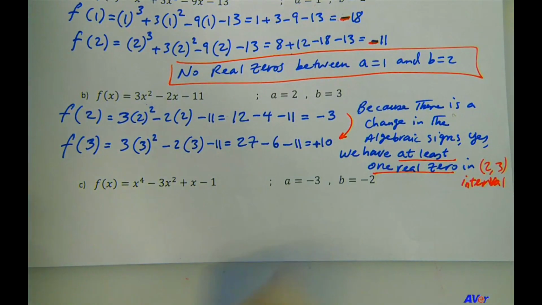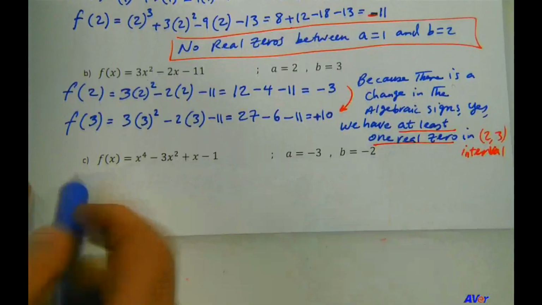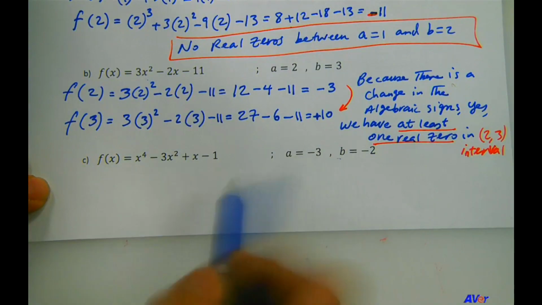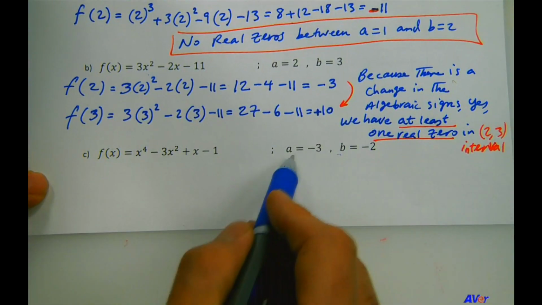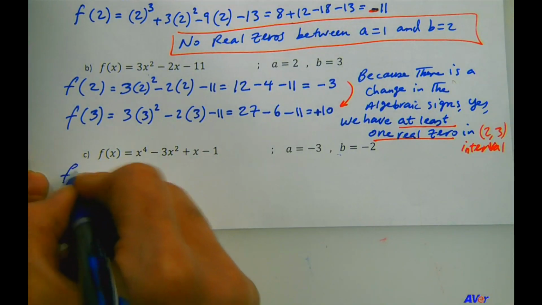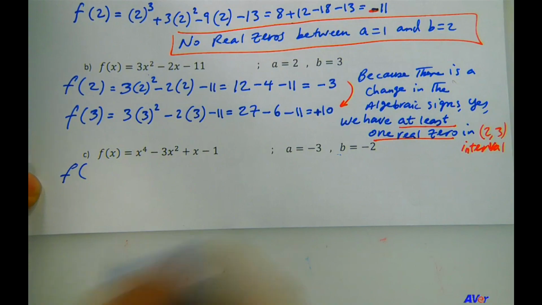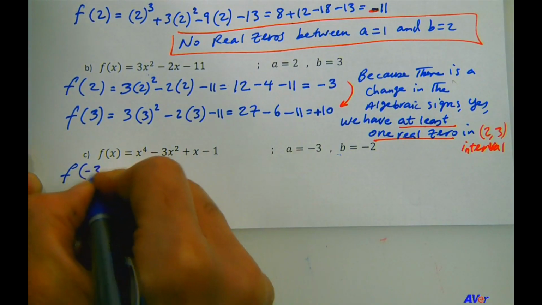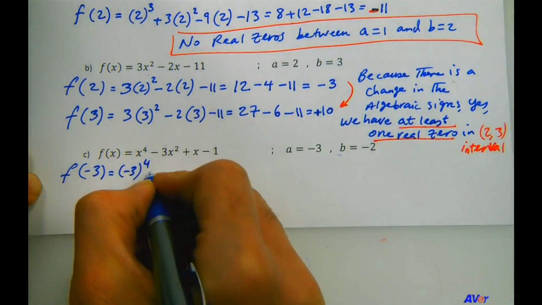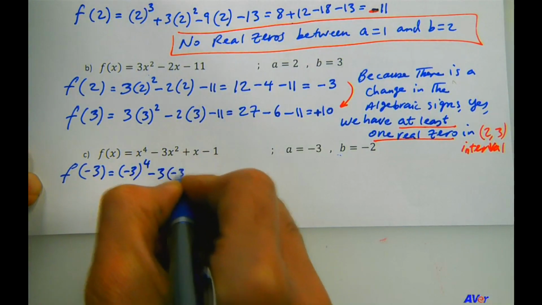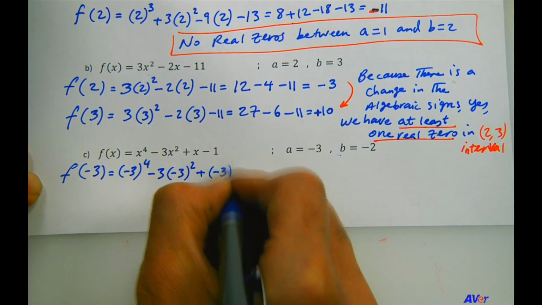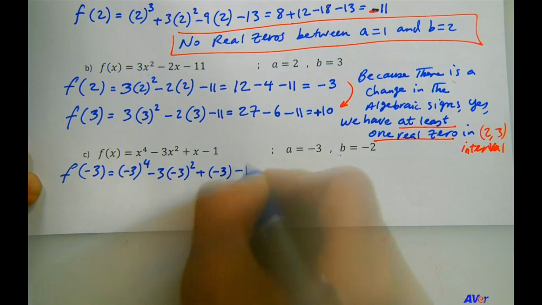Let's apply the intermediate value theorem here. So we're going to evaluate this function at these two x values. These are values along the x-axis. So f at -3 is equal to -3 to the fourth minus 3 times -3 squared plus -3 minus 1.